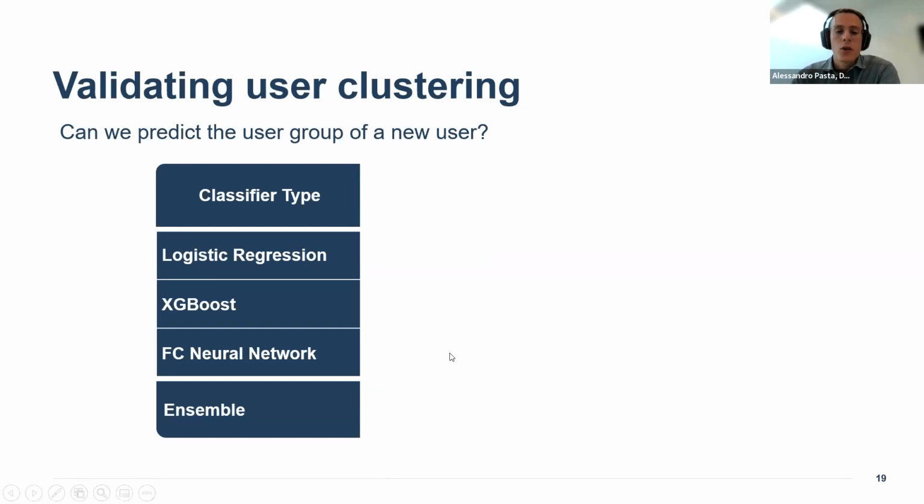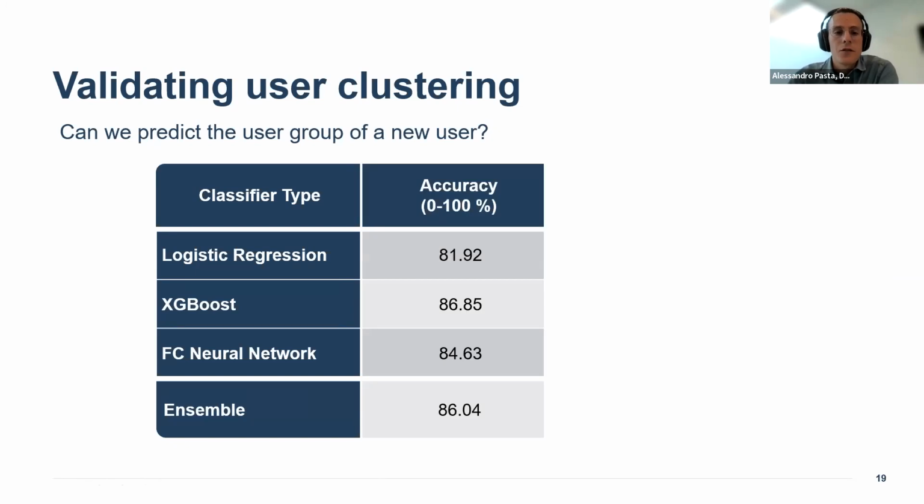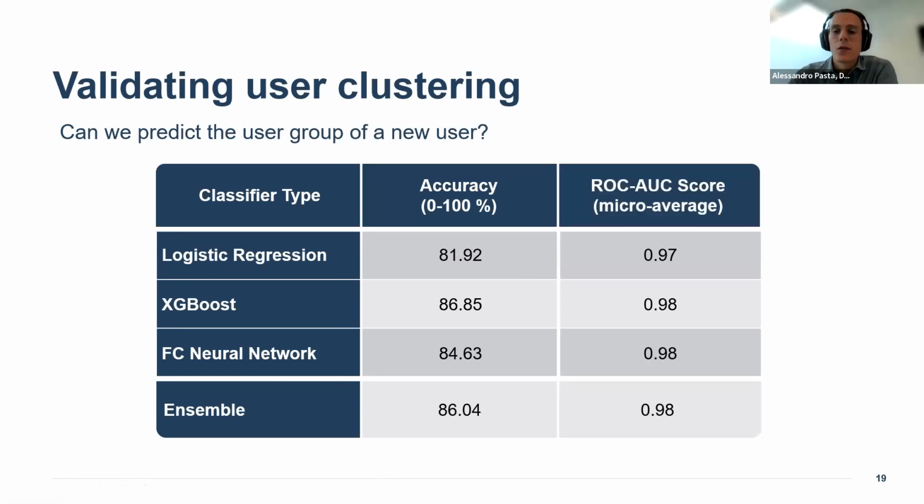And when looking at the accuracy of our ensemble of classifiers, we can see that the classifier is able to predict correctly the cluster to which a new user belongs 86% of the time. And if we look at the raw AUC score, specifically the micro average, we can see that it's around 0.98, validating the user clustering partition.